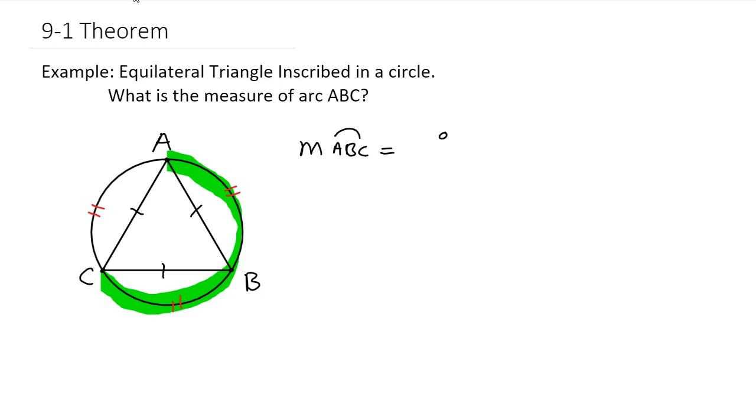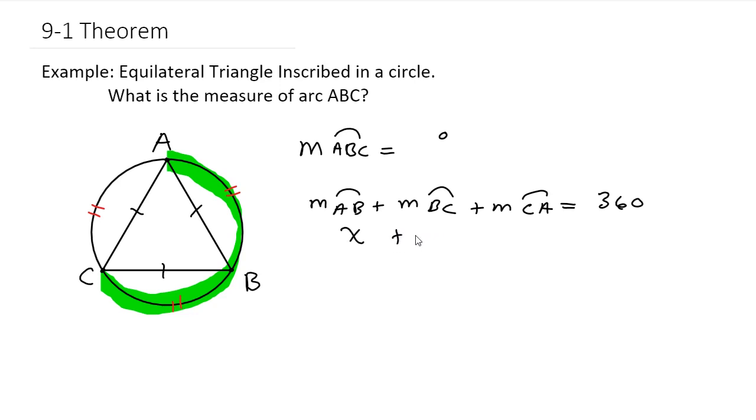Now, we have a total of 3 arcs, meaning the measure of arc AB plus the measure of arc BC plus the measure of arc CA. AB, then BC, and CA make up the entire circle, so that's 360 degrees.